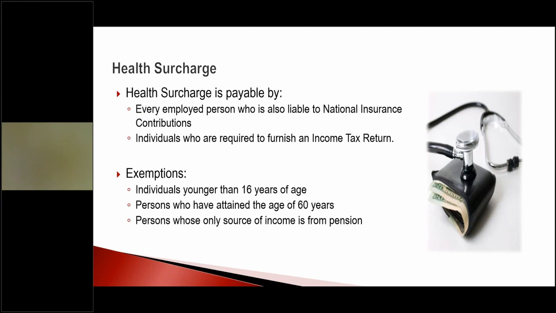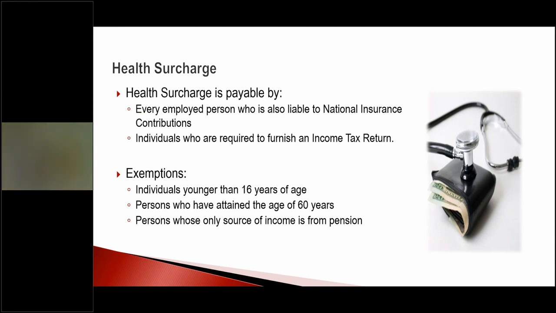Meaning if you're employed and getting emolument income, paying national insurance, you should be paying health surcharge. You're exempt from paying health surcharge if you are under 16 years of age, persons who have attained the age of 60, or persons whose only source of income is pension.